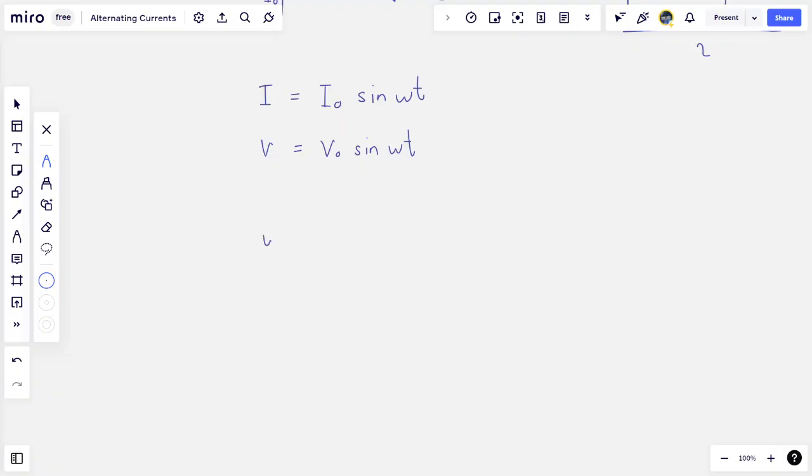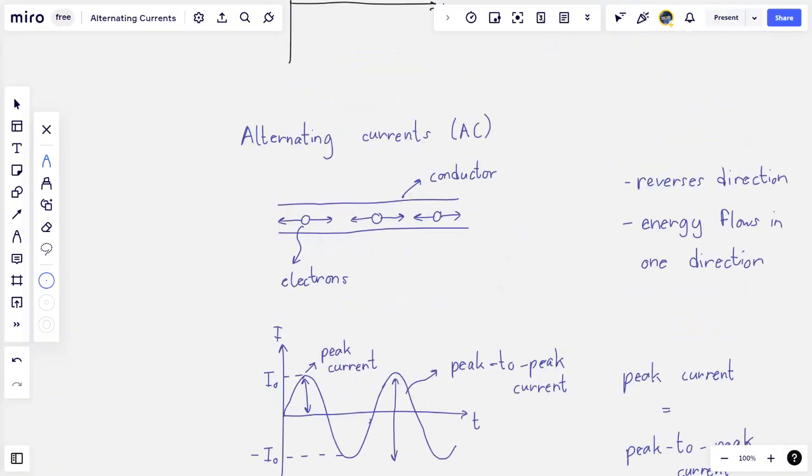Now, before we go any further, let's define some of the quantities to remind ourselves of this motion. Omega, we simply can't forget what omega is. t is the time, I naught is the peak current, V naught is the peak voltage, the maximum of each quantity. Omega, if we remember from waves, is 2 pi times the frequency. And the frequency of a signal is simply the number of times per second that the current changes direction.